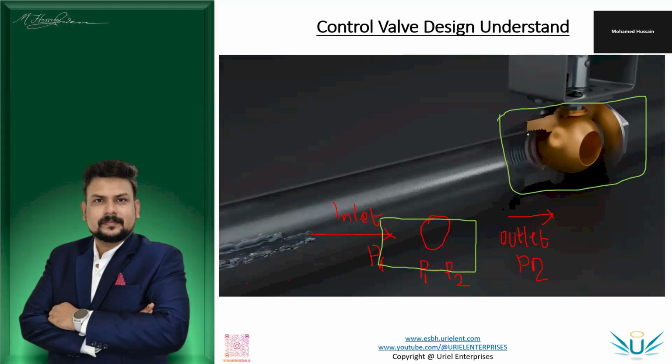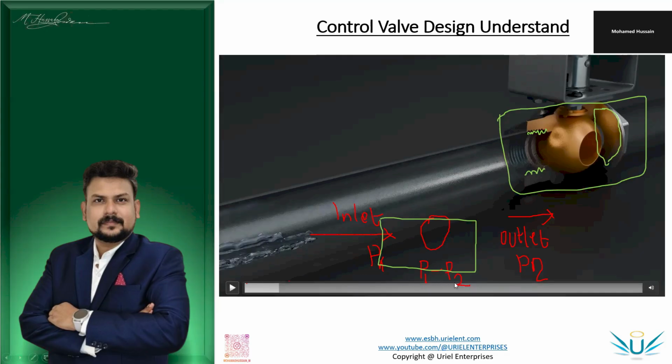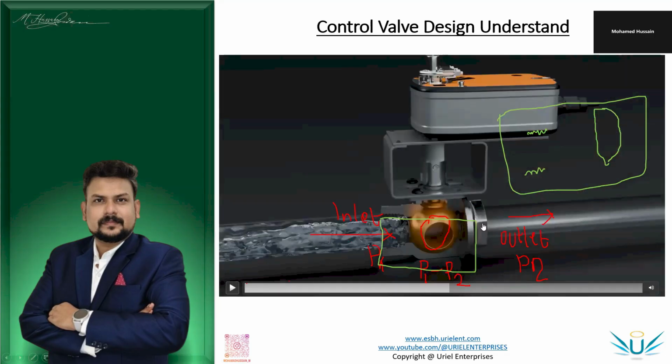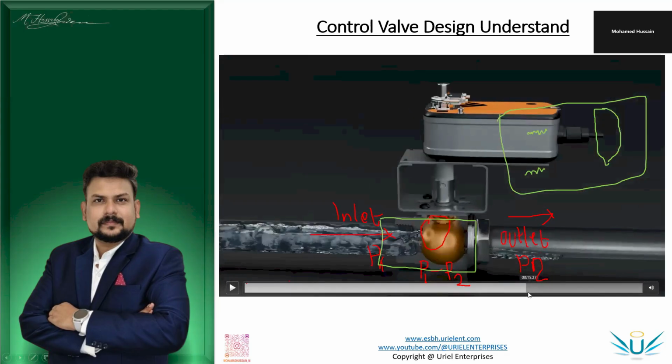So if you look here, the thread, the teeth is there, right? This is known as the threaded type valve. And if you look here, the disk, just for example purposes, we created this animation.